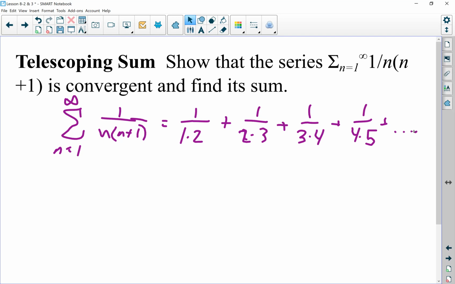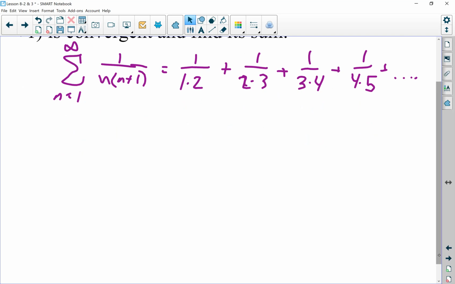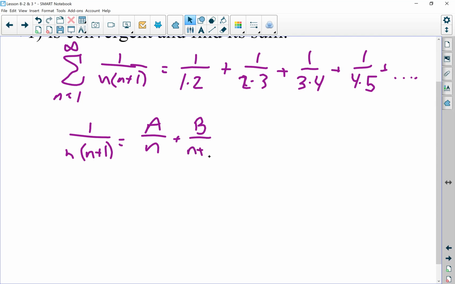If you remember when we talked about partial fractions, anyone getting the cold sweats yet? We could write 1 over n times n plus 1 as something over n plus another something over n plus 1.